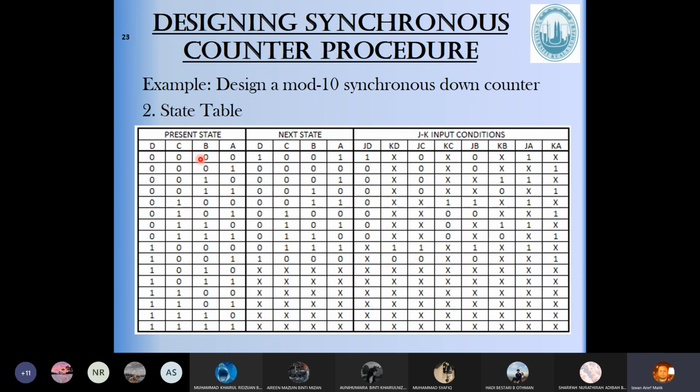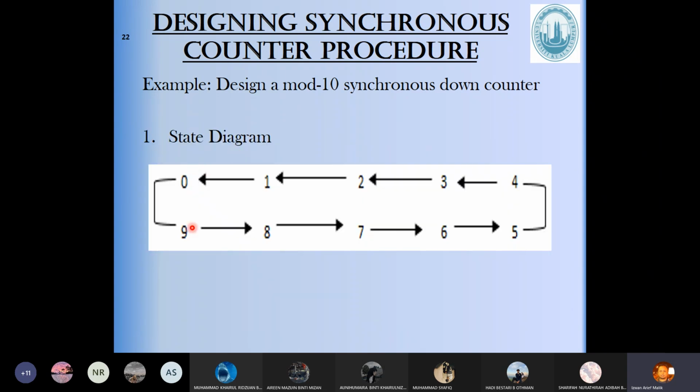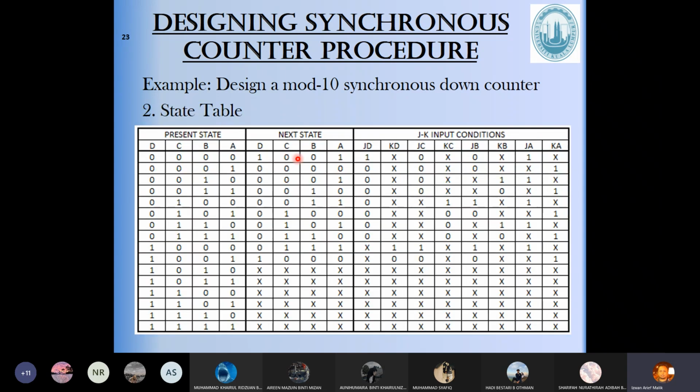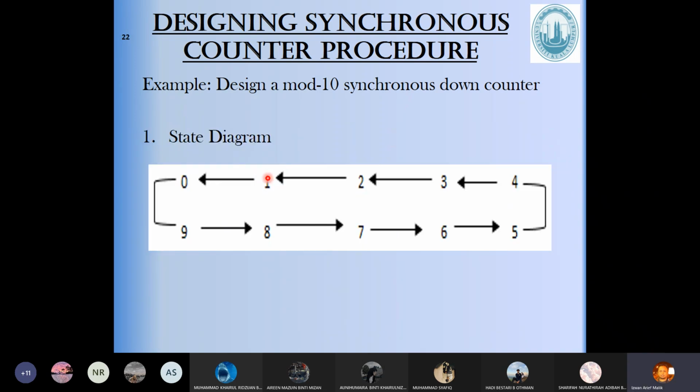So let's look at an example, 0, its next state is not 1. 0, its next state is 9. So 0 going to 9, 1, 0, 0, 1. 1 going to 0. 2 going to 1.